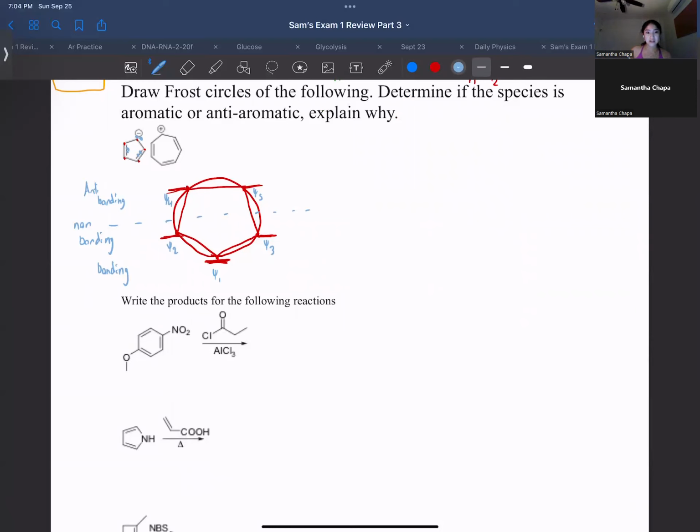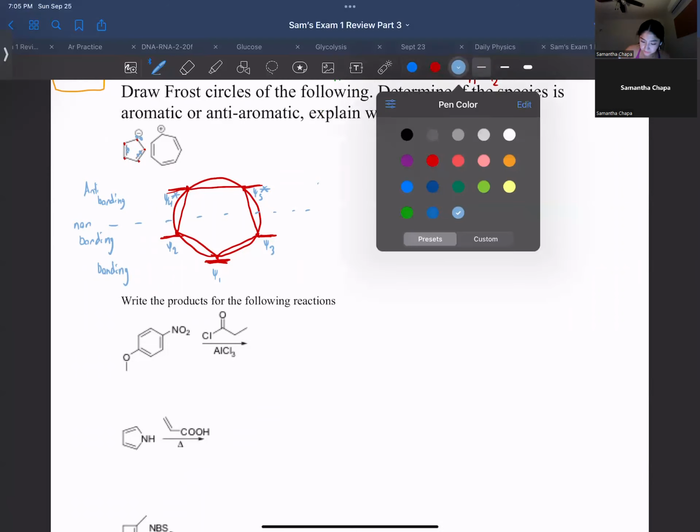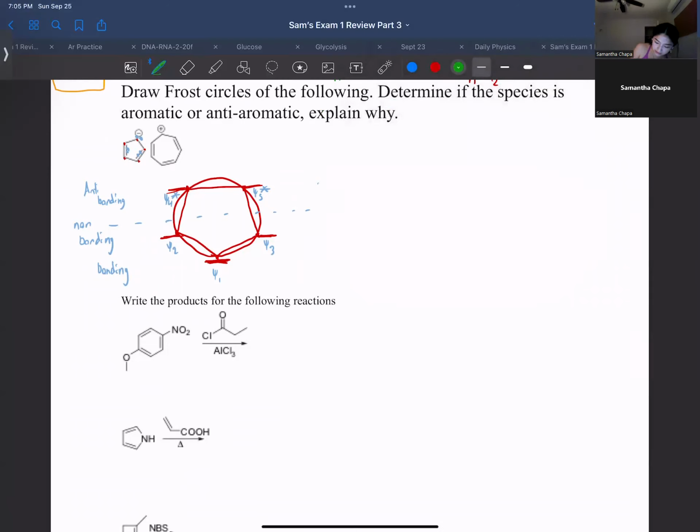So we're going to fill each of these energy levels with our pi electrons. Let me change my color real quick. Oh, I forgot to do this right here. These little asterisks are used for anti-bonding, and those are something that you just have to write for sure. Then I'm going to change the color and fill in the energy levels. 1, 2.